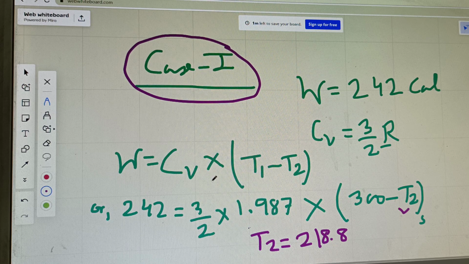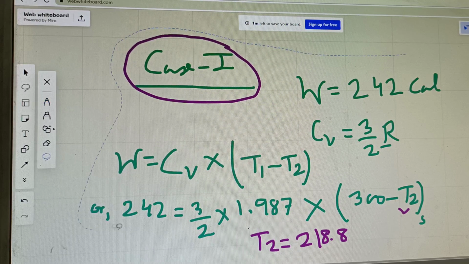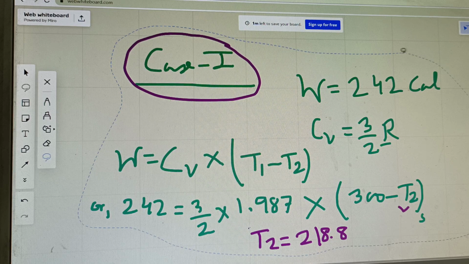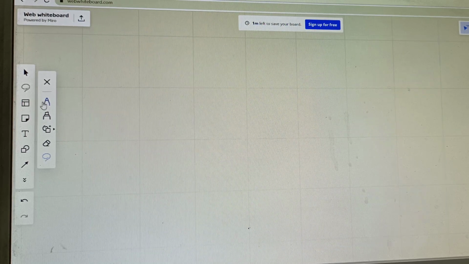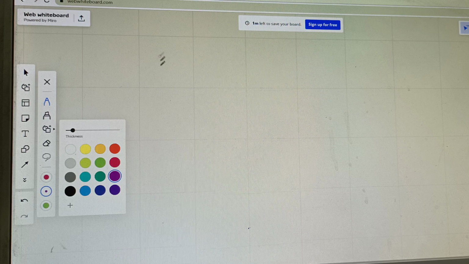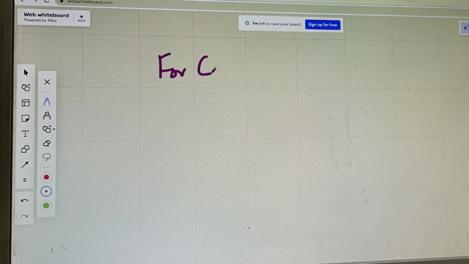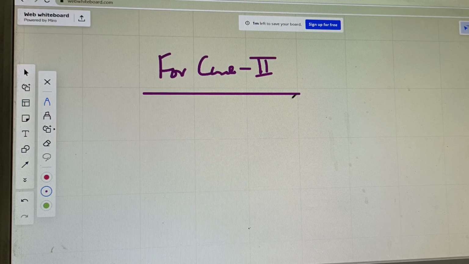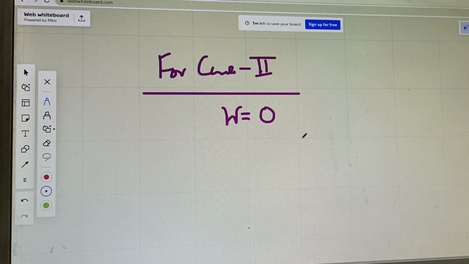Now for case 2, work is equal to 0 because it's a free expansion against 0 pressure.